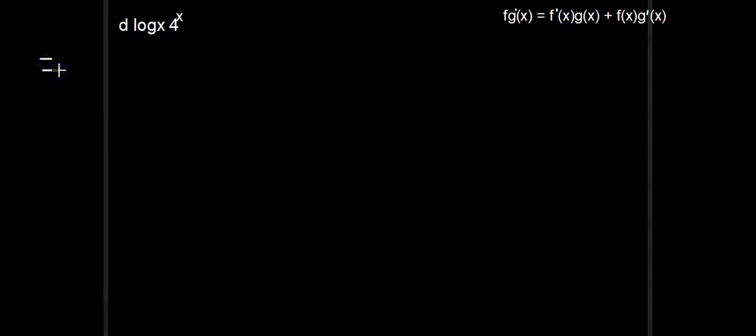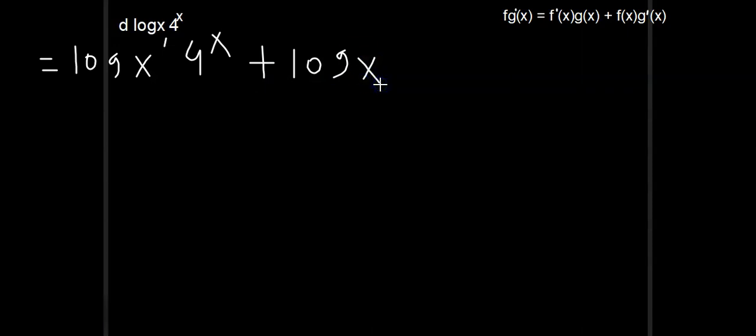When I derivate log x, I'm going to derivate this thing, and then I'm going to write 4 to the x as it is. Then I'm going to write log x as it is, I don't have to derivate it, and then I'm going to derivate the 4 to the x.